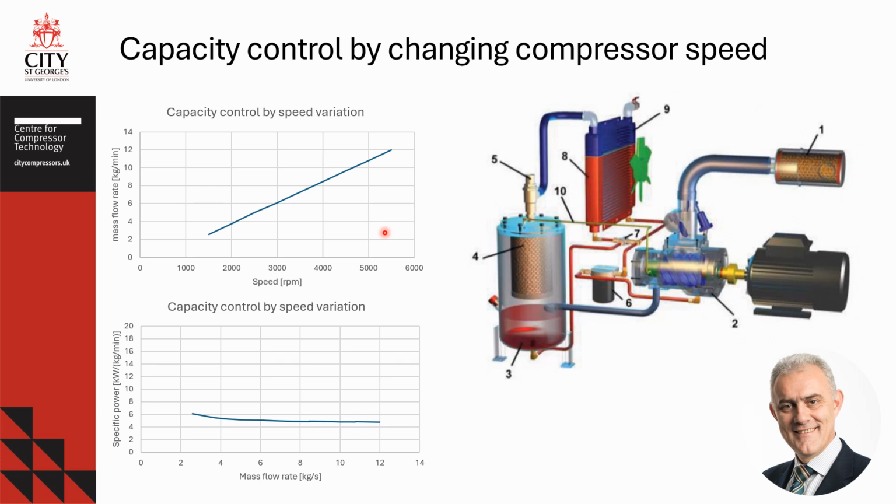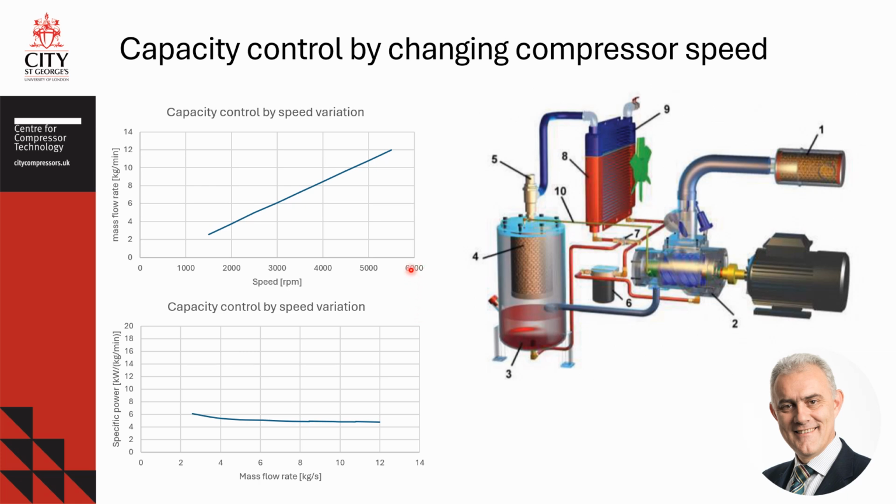The most efficient capacity control method is by speed variation. Variable frequency drives with permanent magnet motors are used for this purpose and are common today, while their cost is constantly reducing. This method is used for medium-sized compressors, industrial refrigeration, heat pumps, and air compression. The figure shows a directly driven variable speed oil-injected air screw compressor.